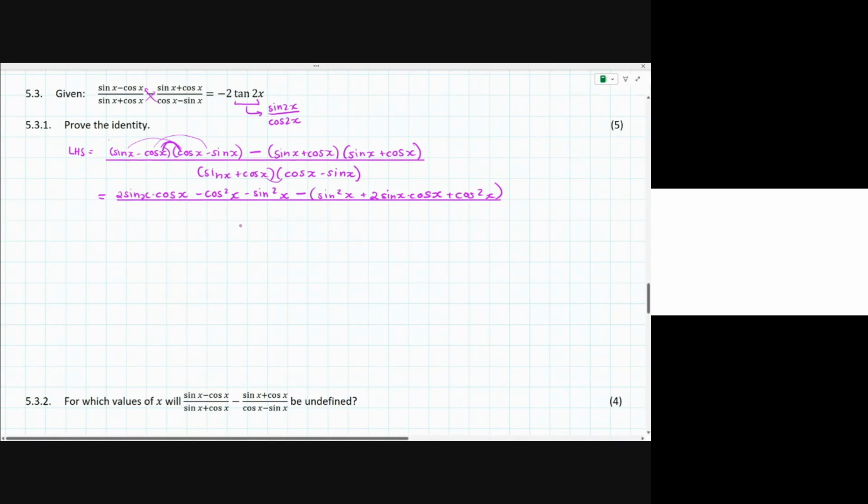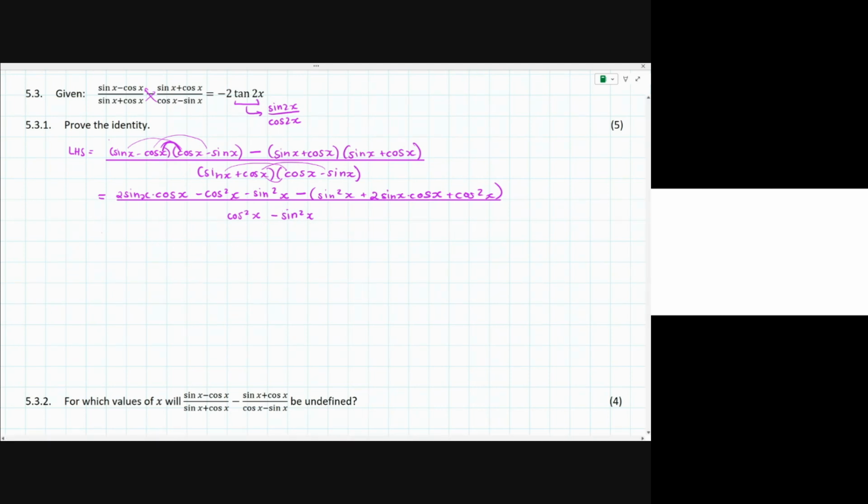So cos x times cos x is cos squared x, sine x times minus sine x is minus sine squared x. And then the other terms cancel out: sine x times cos x, positive, and negative sine x times cos x, negative. Those two cancel out. So this denominator is actually the cos double angle formula. That's great. I'm getting to where I want to be.